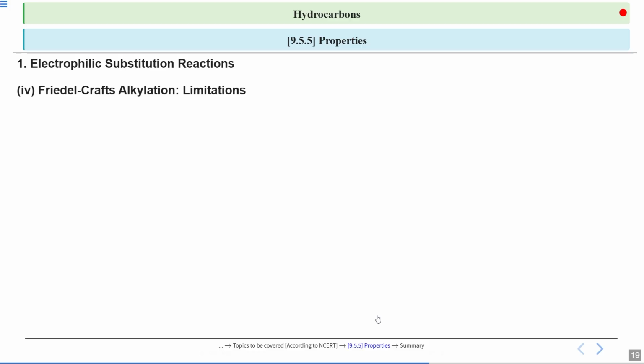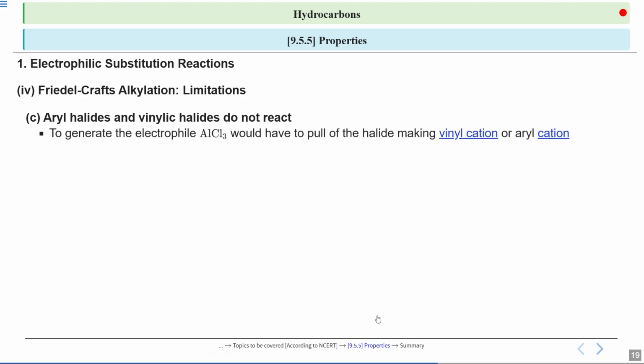Now moving on further, the next limitation is that aryl halides and vinyl halides do not react. To generate the electrophile, AlCl3 would have to pull off the halide, making a vinyl cation or aryl cation. So aryl and vinyl cations are extremely unstable.